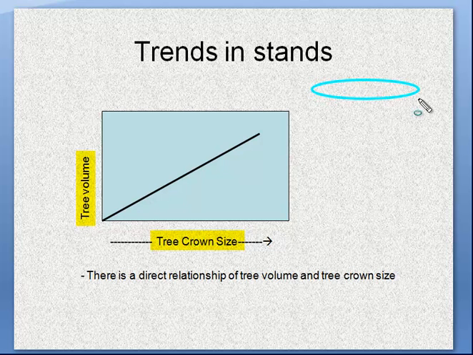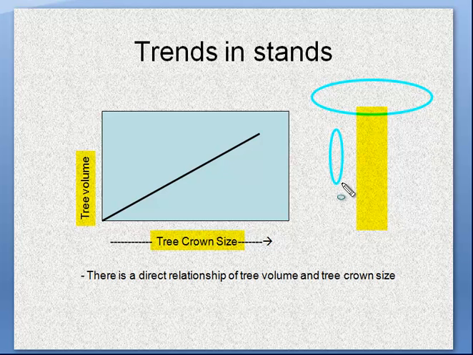So in other words, if the tree had a large crown, we would assume that it would have a large bole, which would represent a fair bit of volume. That's a direct relationship. Compared to a narrow little tree which was suppressed, its crown size is very narrow. So the crown size is the measurement across the crown. That's how we measure crown size.